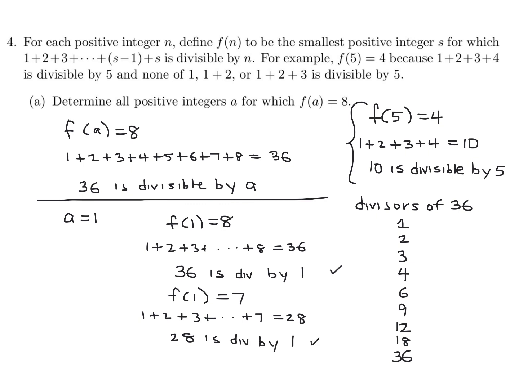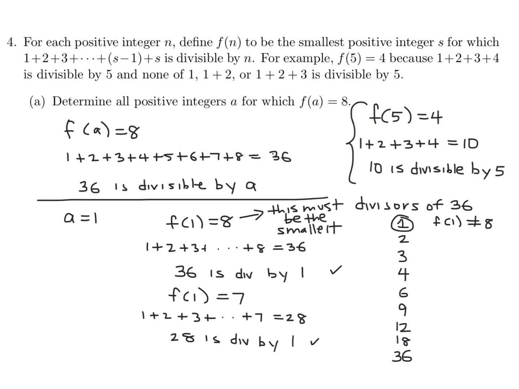So since that's true, 8 is not the smallest, because remember, it's only true if that is the smallest. Since this must be the smallest value for which this holds true, and we've found a smaller value, f at 1 cannot equal 8. So f at 1 does not equal 8. So this one is no good.